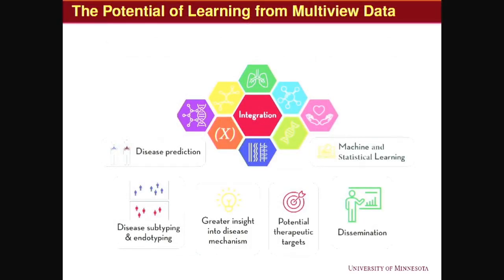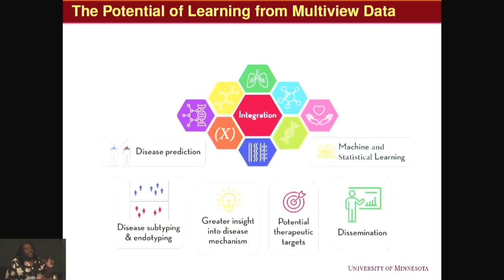So we've had a lot of talk about single cell, spatial transcriptomics, genetics, genomics. But beyond that, for the same person, we are also collecting gene expression, proteomics, metabolomics data, and we could also have electronic health records data and social determinants of health, which measure the lived experiences of individuals.